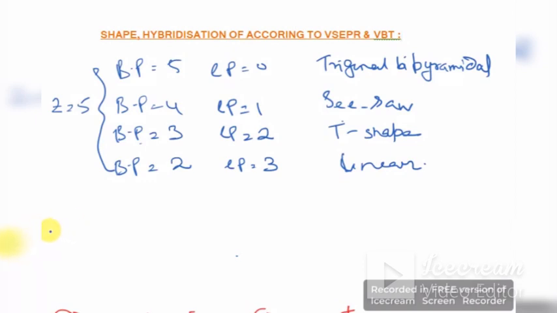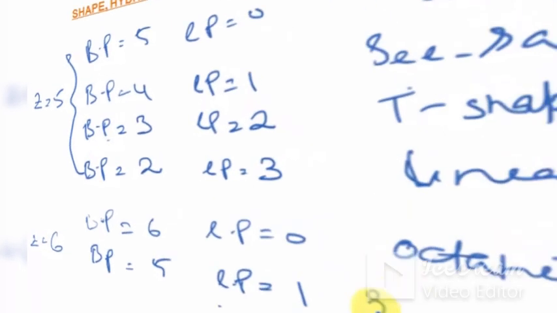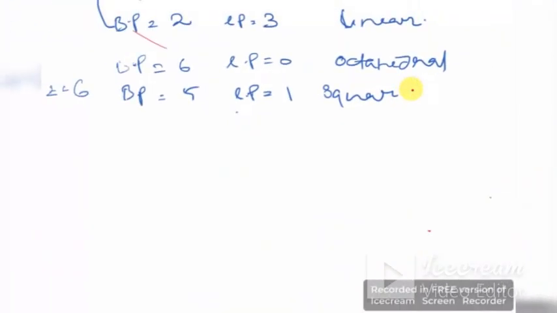So this is mandatory. After that, for Z equal to 6, the variation is: if bond pair is 6 and lone pair is 0, then it is called octahedral. If bond pair is 5 and lone pair is 1, then it is called square pyramidal.